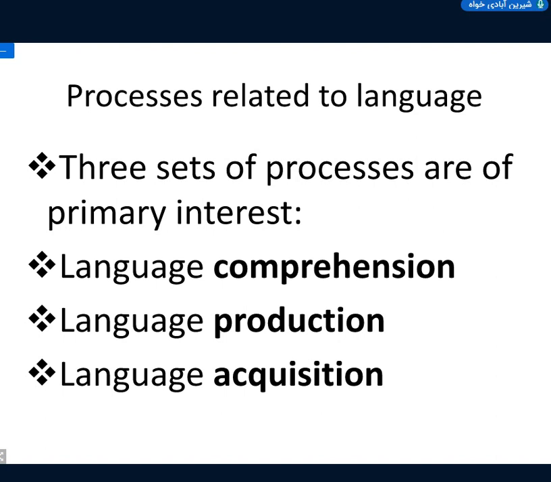Or when you are listening to the sound waves produced by other speakers, in fact, you are processing it, comprehending this auditory signal, and you are changing it immediately into meaning.